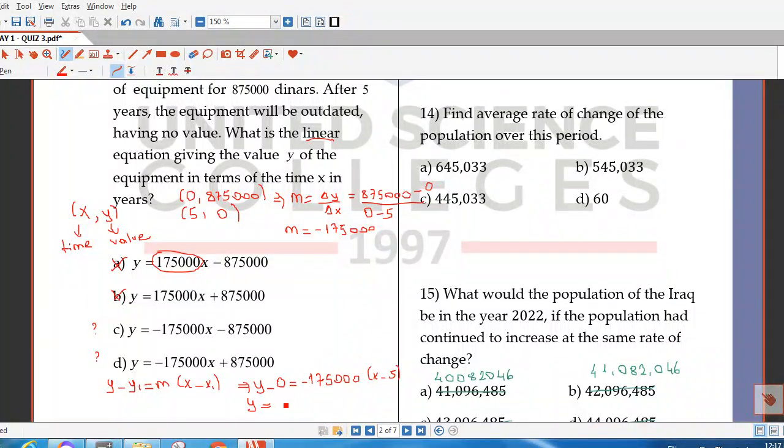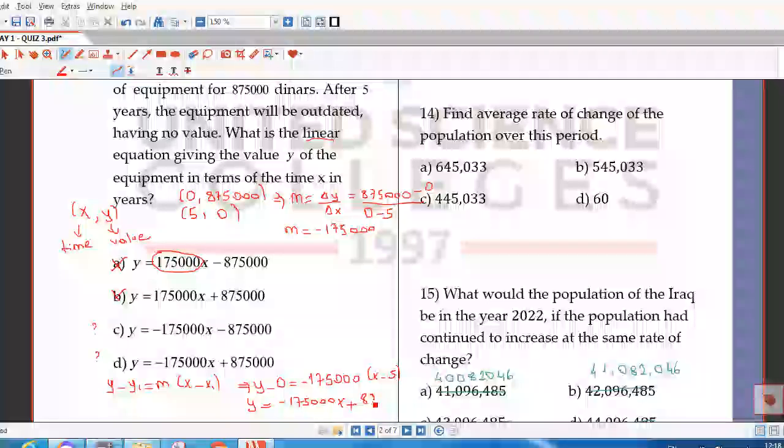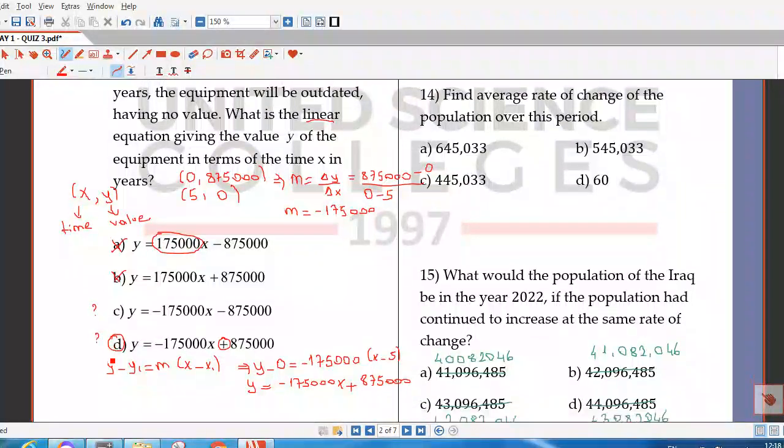If we perform the operation, negative 175,000 x, minus and minus, plus, the product will be 875,000. So we need a plus sign between the two parts, so there is a plus sign between them. Answer is D.